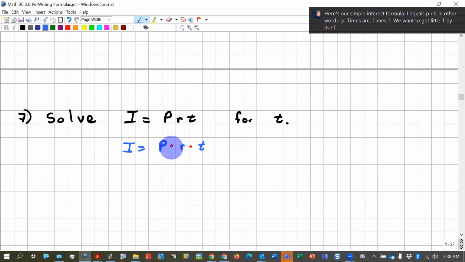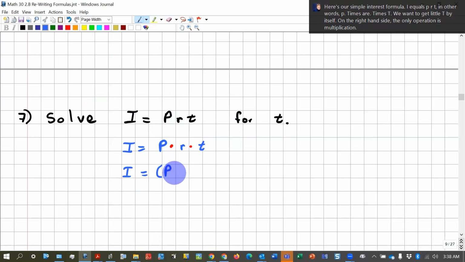On the right-hand side, the only operation is multiplication. And multiplication is associative. So P times R times T can be thought of as P times R, that result times T.